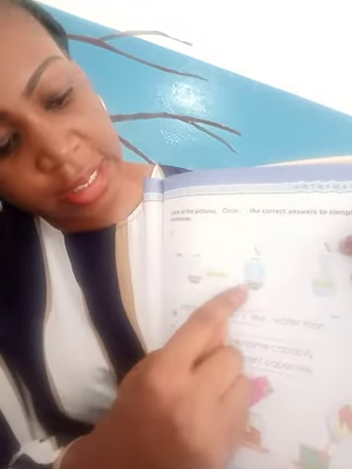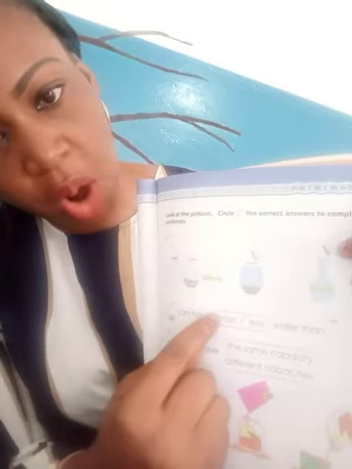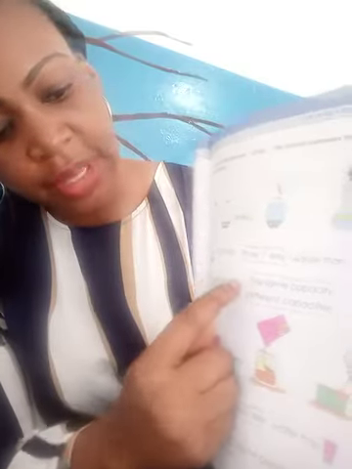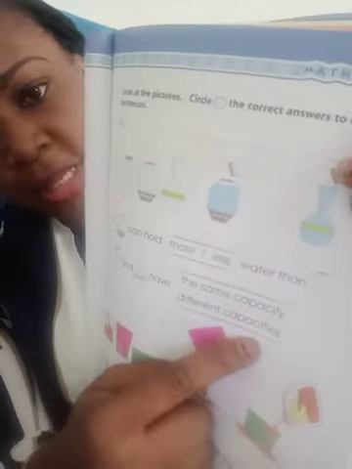We're going to make an estimate. You have to think, can this one hold more? You have to circle either more if it holds more, or less if it holds less water than the other container. And B says this container and this container have the same capacity or different capacity.